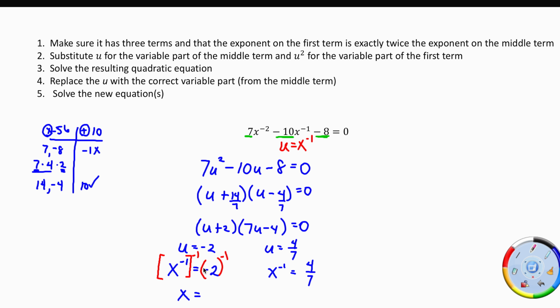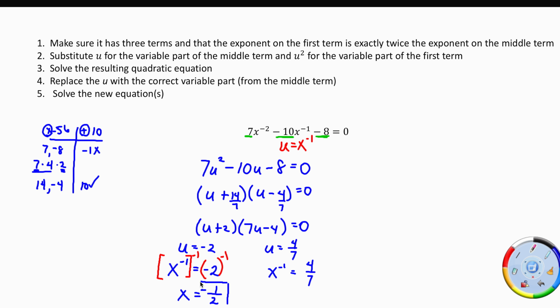I still have to think about what it means to be a negative exponent, though. I can't leave an answer -2 to the -1. And remember, negative exponents have nothing to do with negative numbers. Negative exponents mean reciprocals. Oh, so this is 1 over -2 to the positive 1.